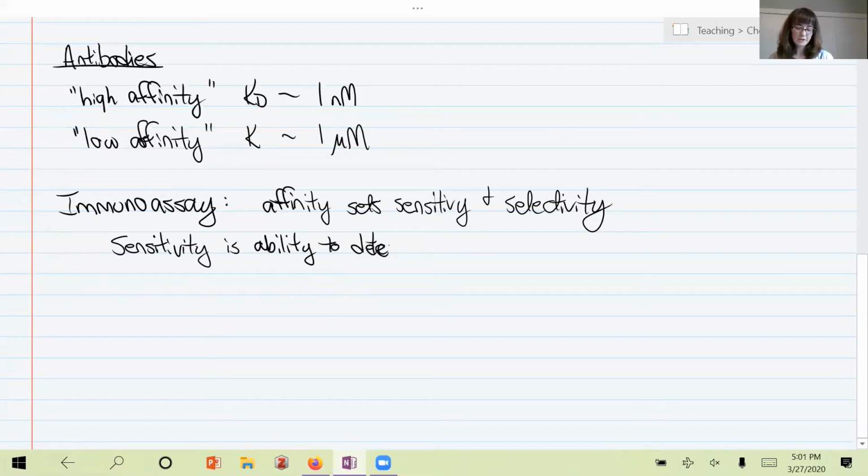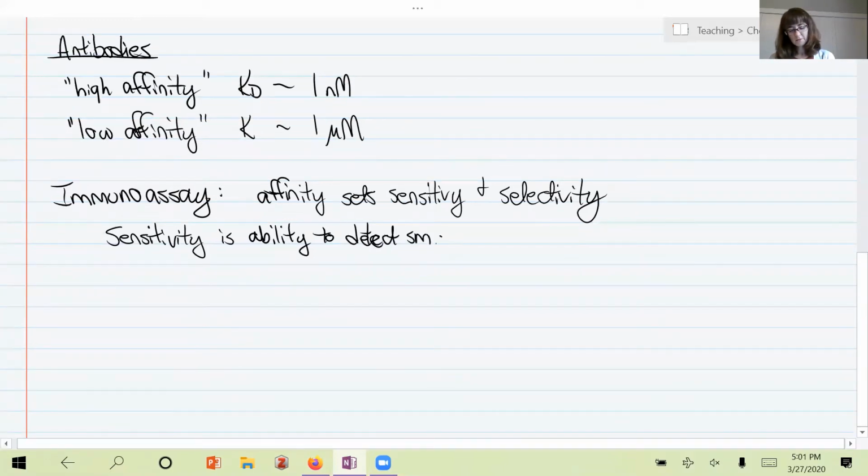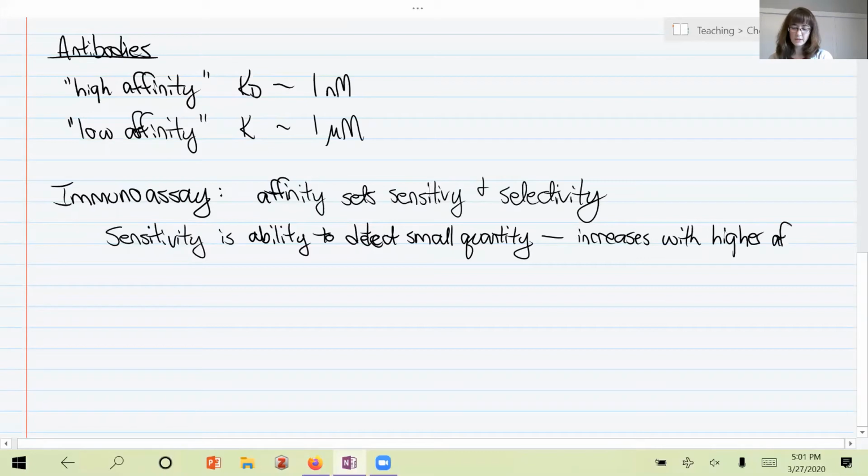And by antigen here, we would be, of course, referring to the ligand. And the reason that then your affinity plays a role is because you should be able to bind up smaller quantities of antigen when you have higher affinity. Okay, so if you have higher affinity, you can bind smaller quantities, so you should have a higher sensitivity of the assay.